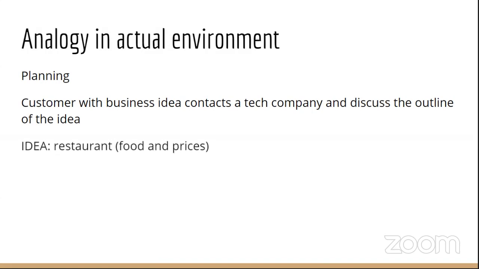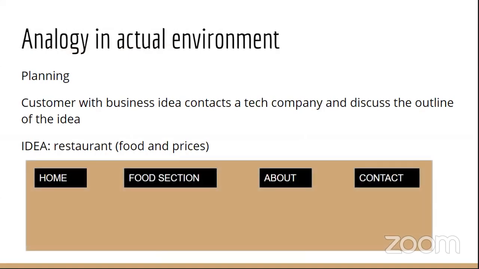For example, if the customer is starting a restaurant and he wants a website, a software which gives the information about the food and the prices of the food, categories, and many desserts that it's going to present in the future. For that reason, the customer goes to the tech company. So the tech company gives a basic background of how it's going to work.